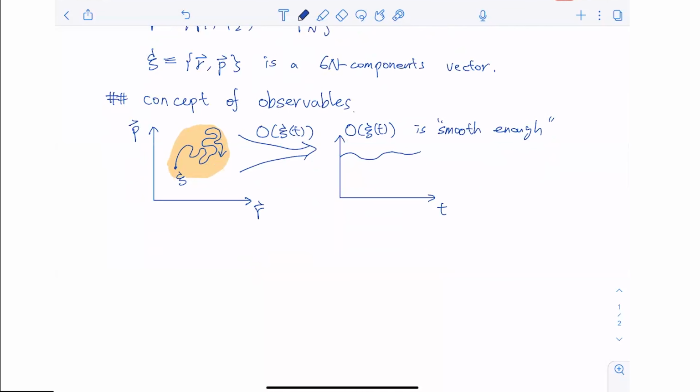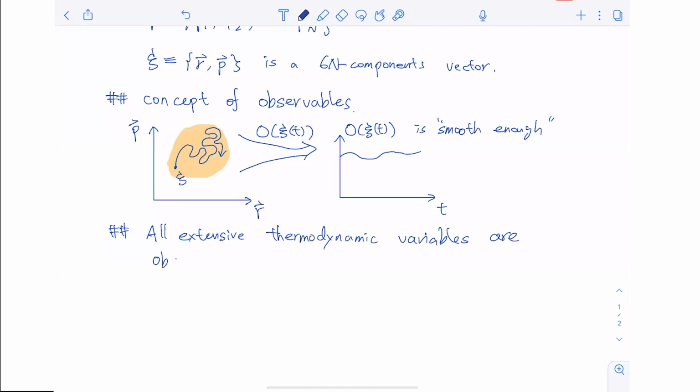So once we have this more or less mathematical definition of an observable, basically a function that maps the trajectory of our system in the phase space into a smooth value, we are able to postulate that all extensive thermodynamic variables are observables.